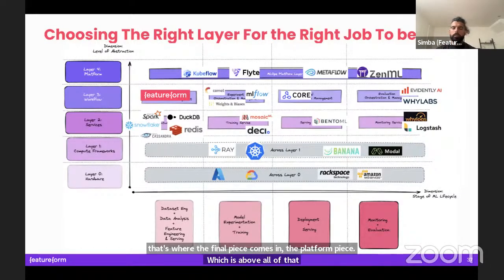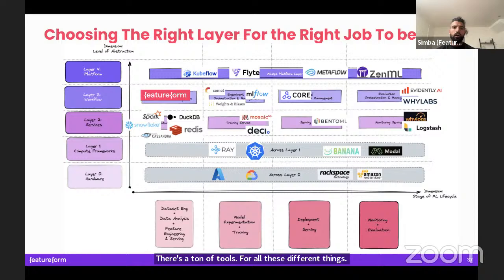There's a ton of tools for all these different things. From orchestration, we have Seldon, we have BentoML, on training there's MLflow, Weights & Biases, on the common side. Even on the platform layer, there are some pre-built platforms like Kubeflow, Flyte, Metaflow, ZenML. And on the feature store side, there's Featureform, there's Feast, there's Tecton, there's others.